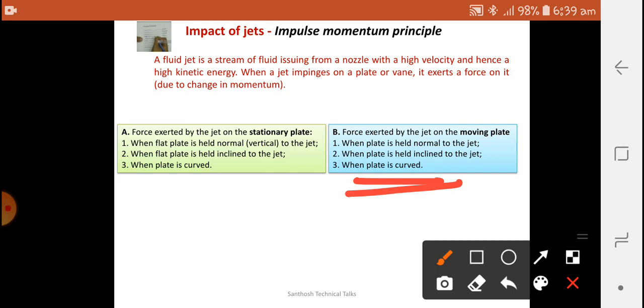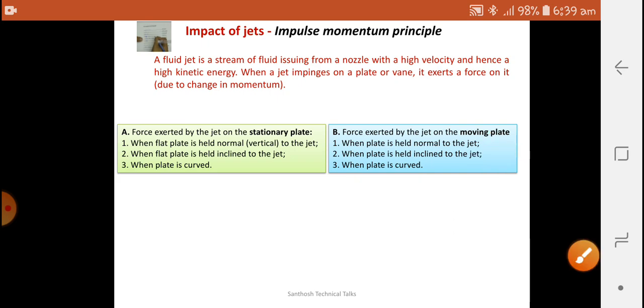Curved plates are used in all three types of turbines, as well as somewhat inclined ones. When held normal and curved, it is the Pelton, and curved and inclined is used in Francis or Kaplan turbines. We will come to that later.